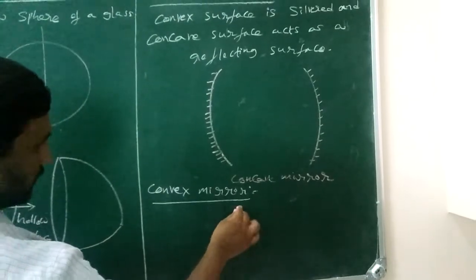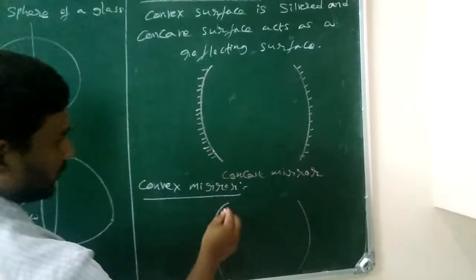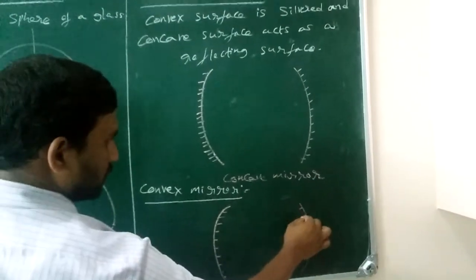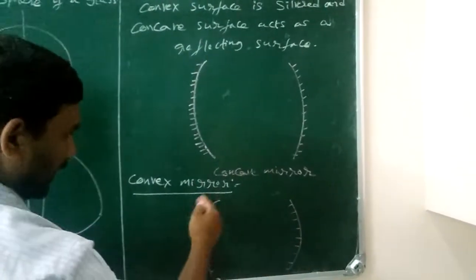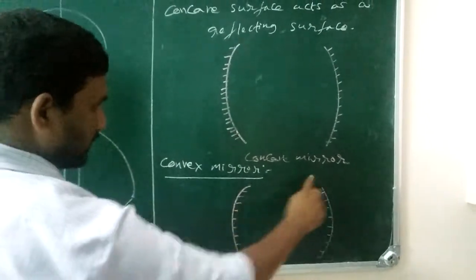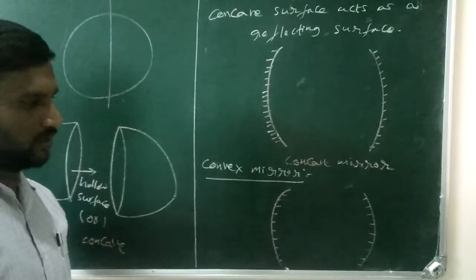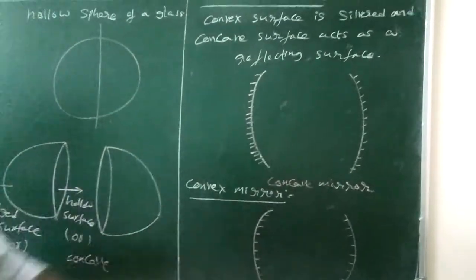Here we are silvering the concave side, and the convex surface, meaning the bulged surface, acts as a reflecting surface. Such a mirror is called a convex mirror. These are the two types of mirror.